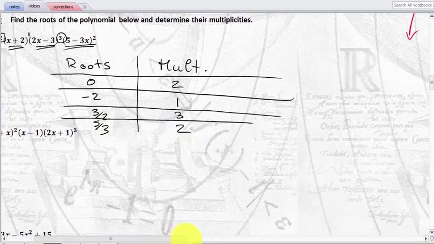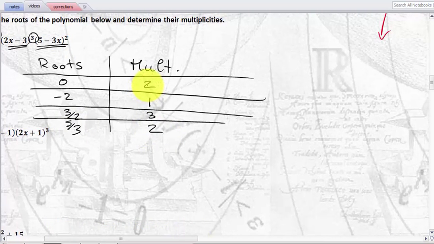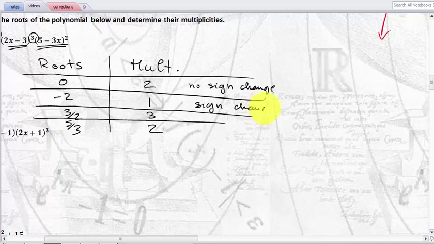So graphically, we know now what happens if you think of a sign chart. There is no sign change around 0. There is a sign change around negative 2. There is a sign change around 3/2, multiplicity 3, right? So it will change its sign. And there is no sign change around 5/3.